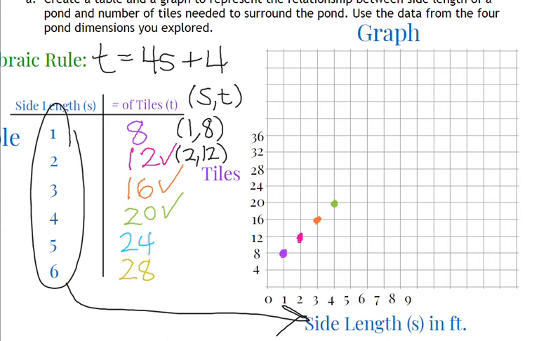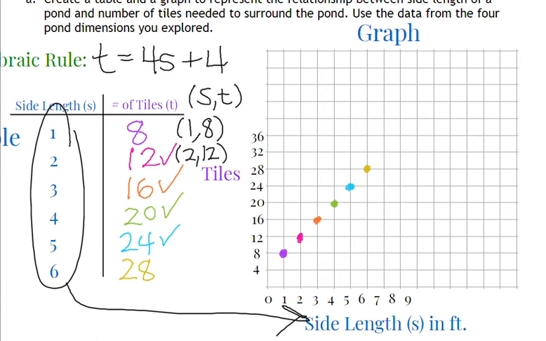Five comma 24. So we're going to go to 5, and then all the way up to 24 and make our dot. And finally our 6 comma 28. So I'm going to walk to 6, right all the way up to 28. And as you can see, I am creating a line.